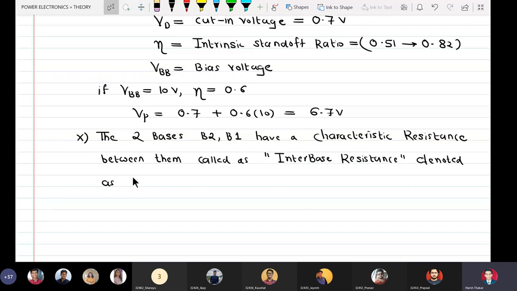It is denoted as RBB, and it ranges from 4.7K to 9.1K. Typically, it is 4.7 to 9.1 kilo ohm.